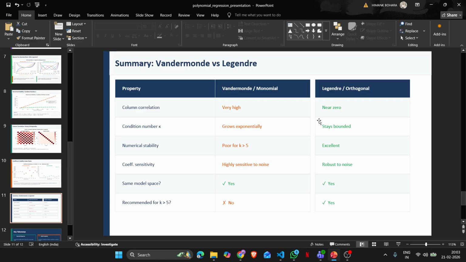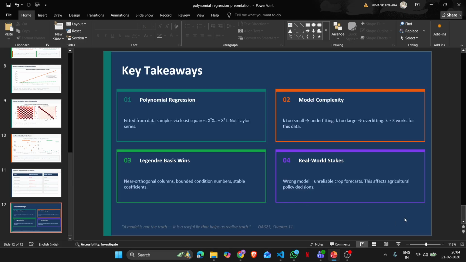In which case, we should always prefer Legendre polynomials as a basis, because they are orthogonal to each other, and as the degree increases, the correlation between the bases is minimal. So that is all I have written here, and thank you.